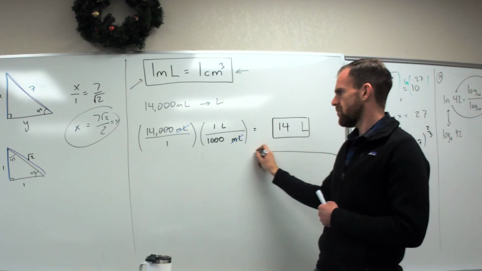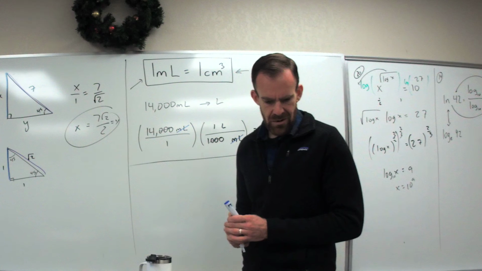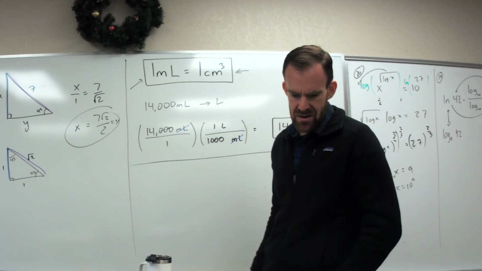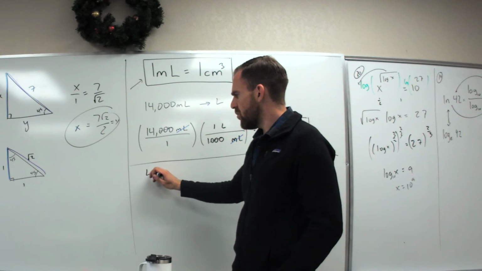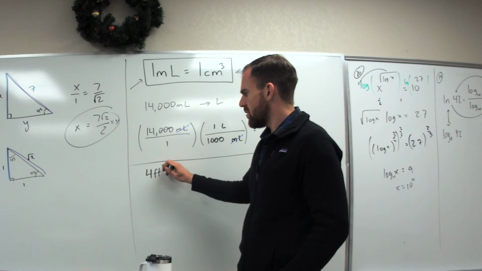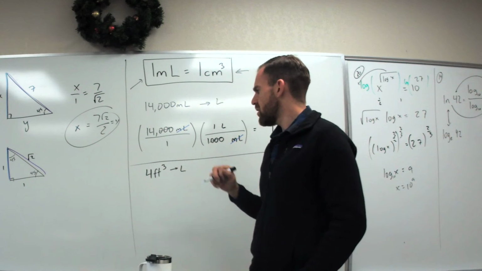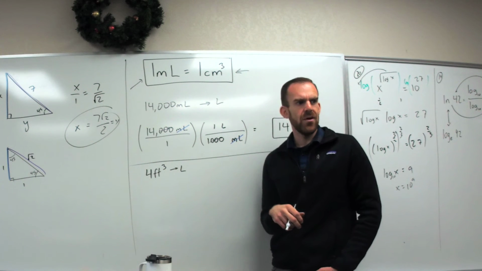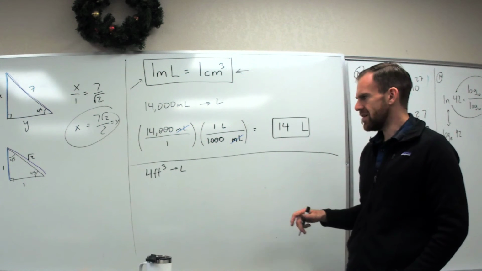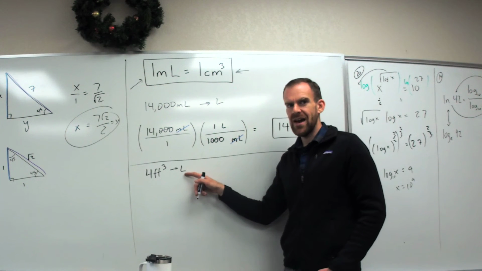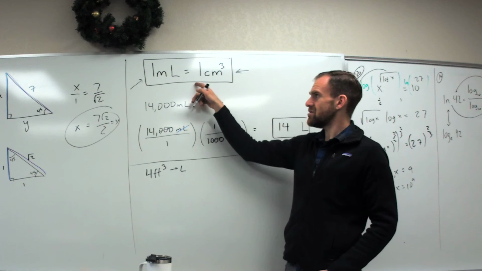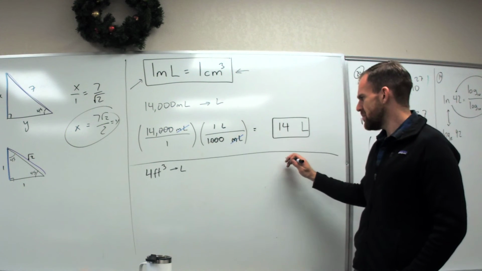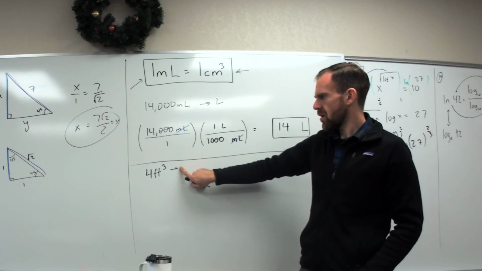Box your answer. Okay, let's try another one that is more complicated. So we are converting from 4 cubic feet to liters. So how do you think we get from cubic feet to liters? Well, I don't know how to get from feet to liters, right? That doesn't give me that. So I'm going to put liters way over here.